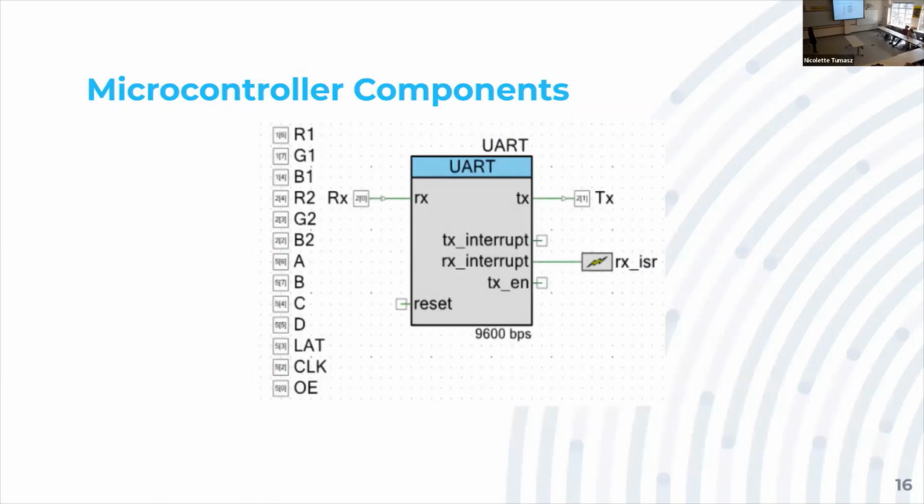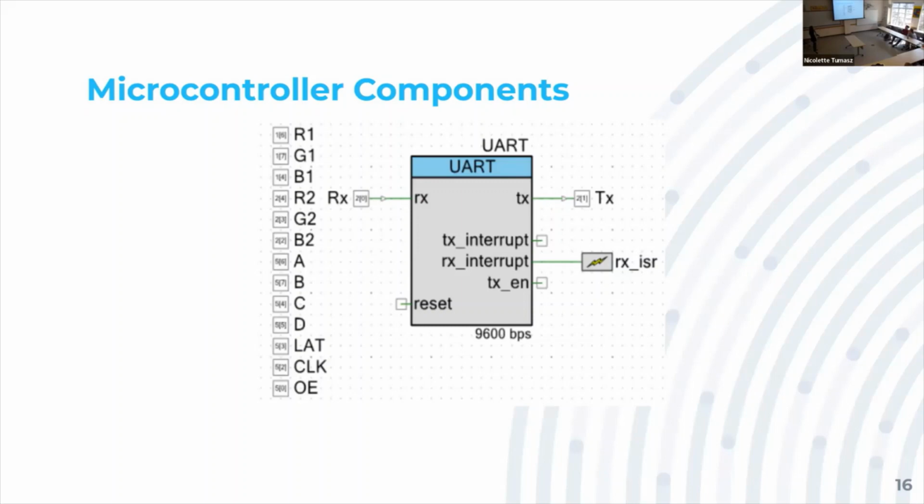So in the PSoC program, you can add components. This will assign the pins to different wires, which allows us to connect all the displays together. On the left are all the pins that we need to power the displays, like all the colors and the brightness as well.